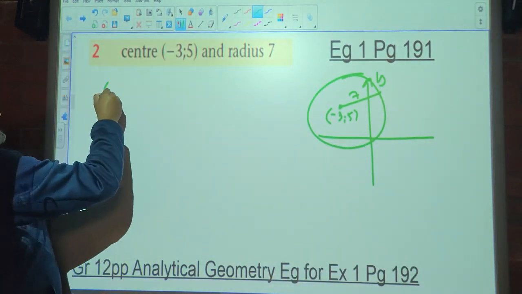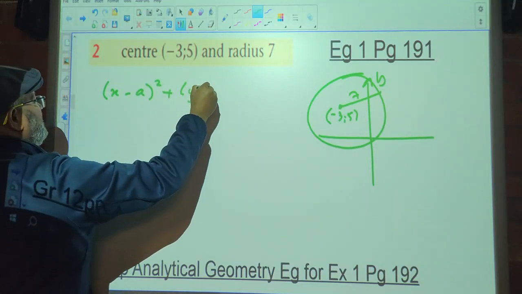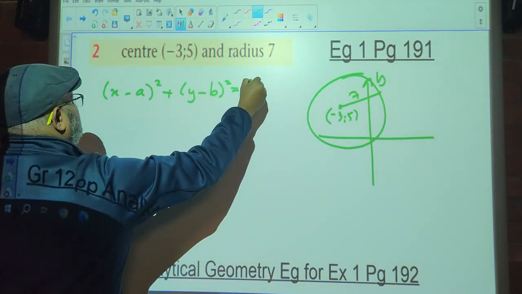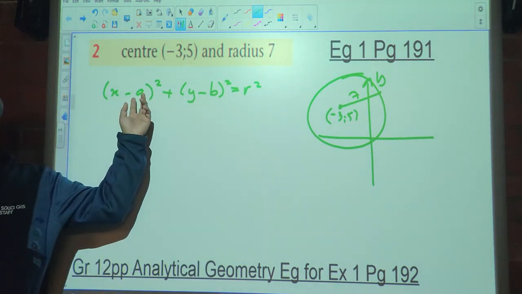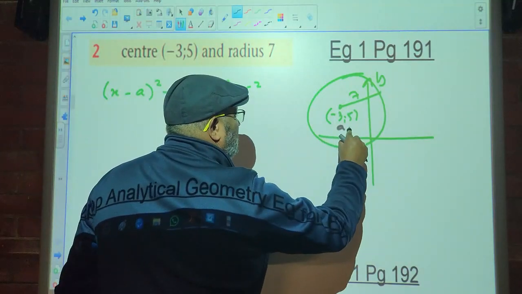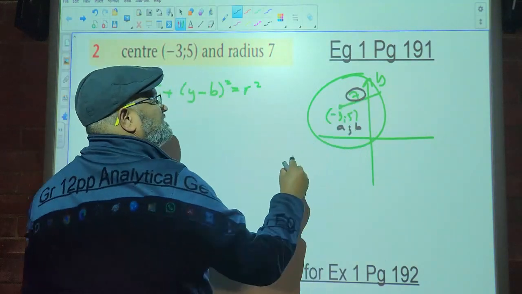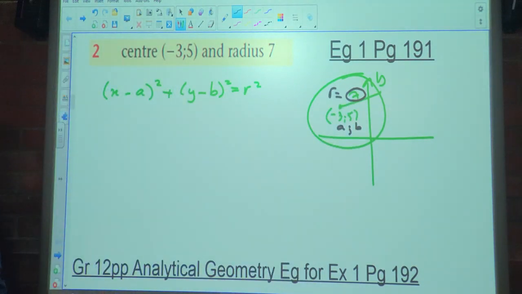We use the formula (x minus a) squared plus (y minus b) squared is equal to r squared. So do I have the center? Yes. Remember that this is going to be your a and b value. What value is this? Your r value. It's your radius. You all agree with that?